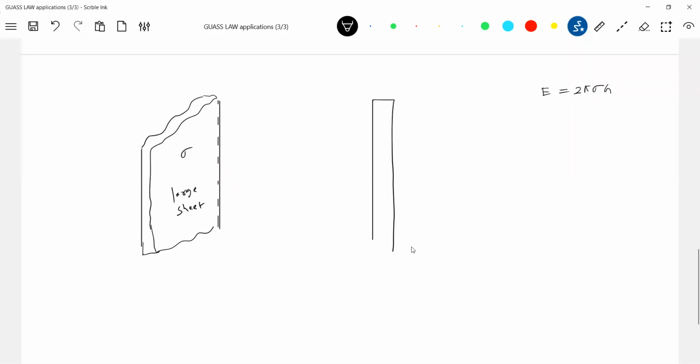It's a thin sheet. Okay, let's assume a Gaussian surface. The Gaussian surface I'll bring like this. This is the sigma.